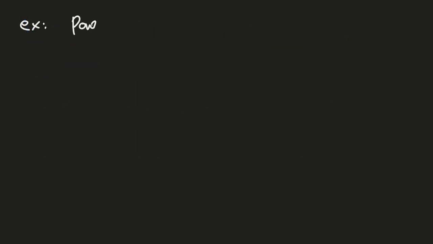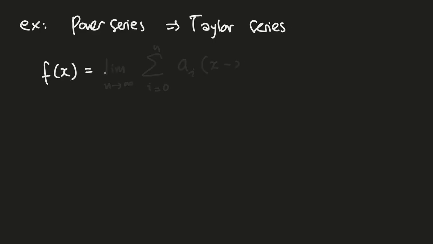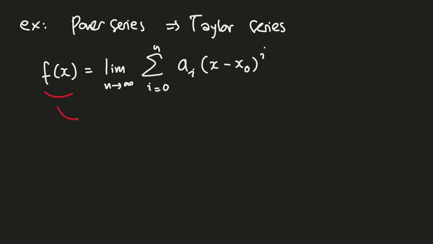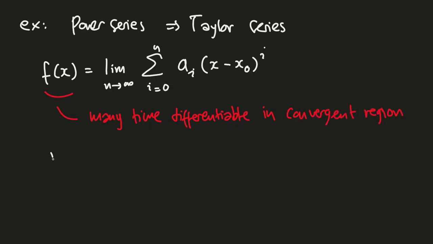I will take an example of a power series, the Taylor series, where if we have f of x here, which equals this series expansion, then this equality is valid only for functions that are many times differentiable along the series convergence region. Next, if we take the first derivative of f and plug in x0, then it equals a1.